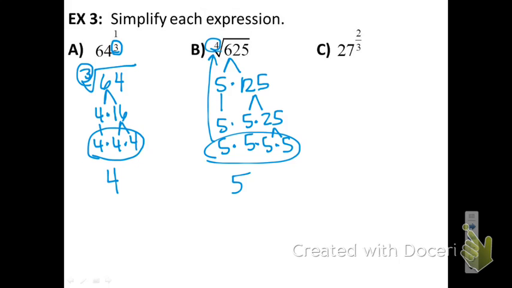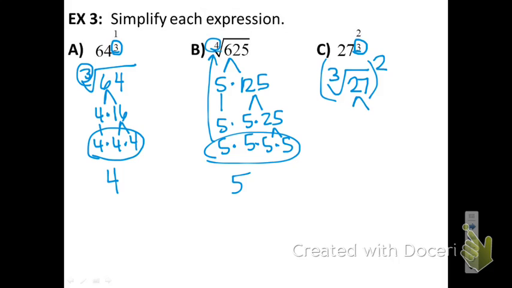Okay, on 27, now this is a little bit more complicated because it says, hey, we need 3 of the same number that multiply to be 27, and then we're going to square that. Now that squared, I'm going to tell you, can go either inside the radical or outside the radical, and I'm going to use it as outside. It's a lot easier to work with.